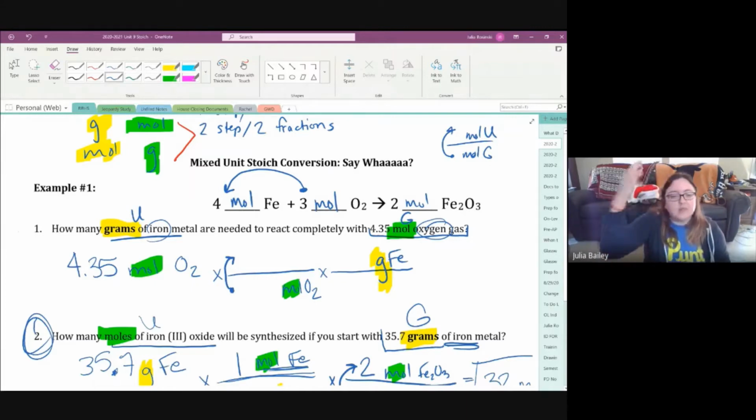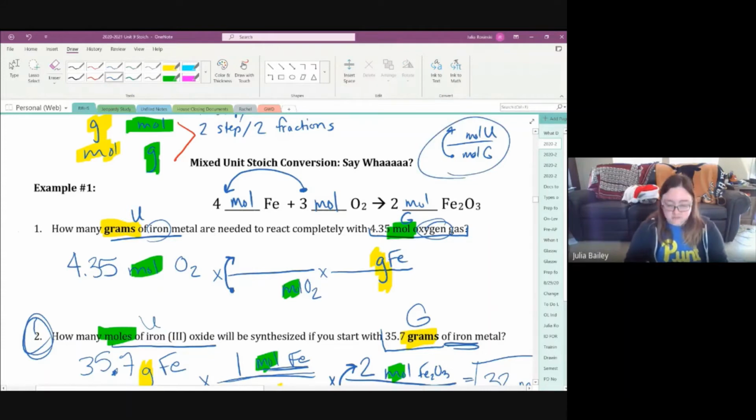So knowing that this is the only fraction where the bridge can even go, because that's the only fraction with no grams, that means you can put your given and unknown on this fraction. Your mole bridge fraction should always be given on the bottom and unknown on top, because that's how we convert. So we go from our given into the unknown, which in this case is iron.